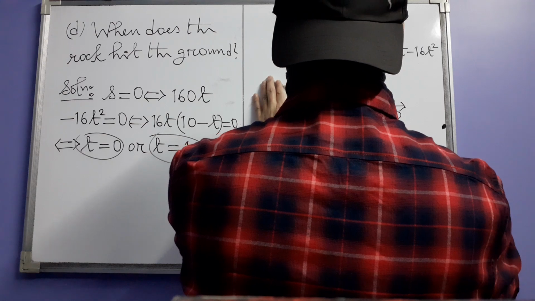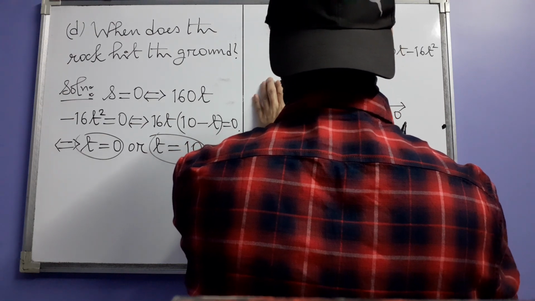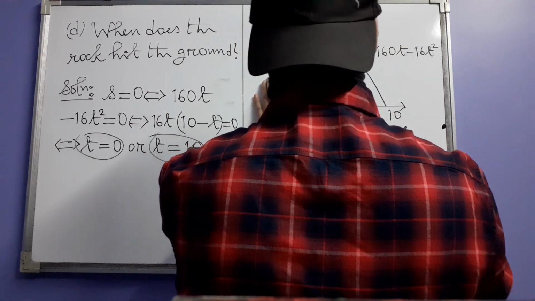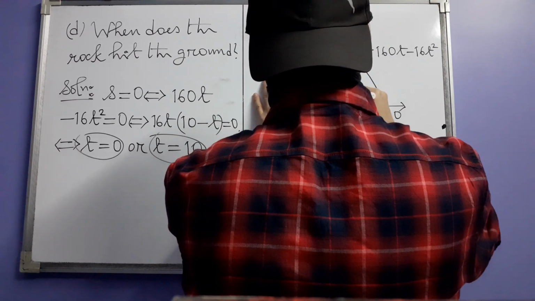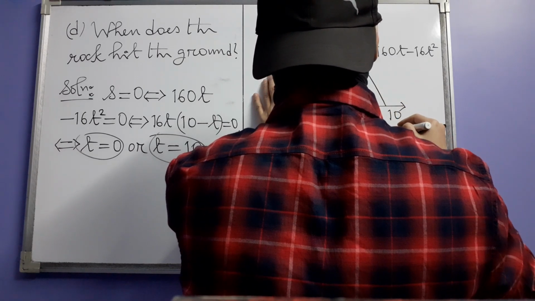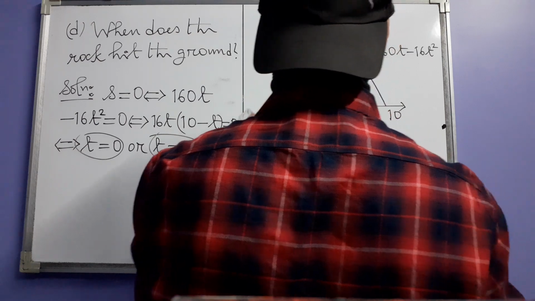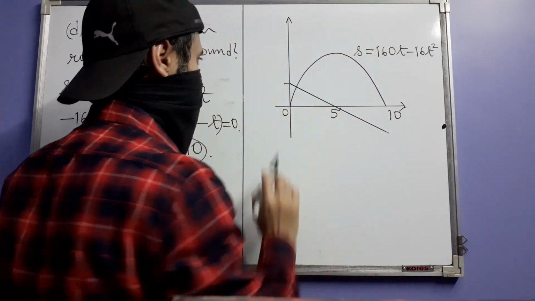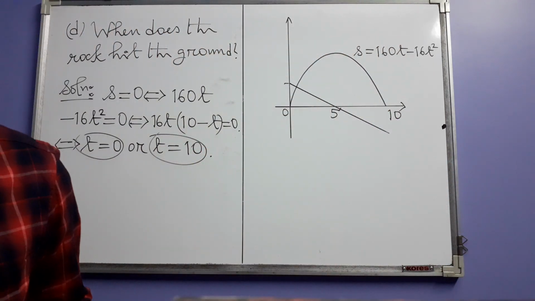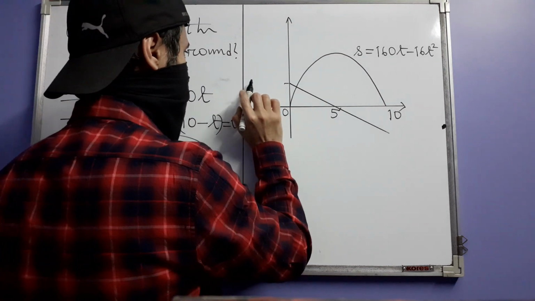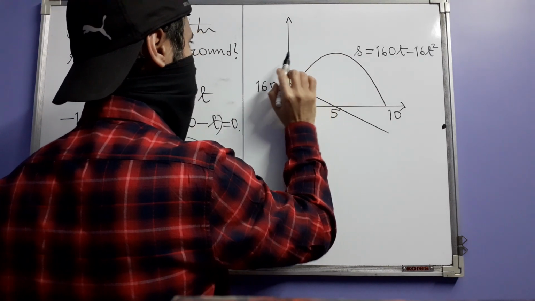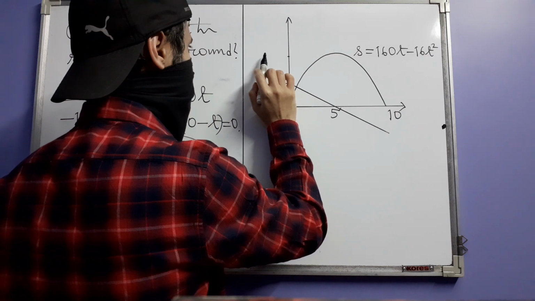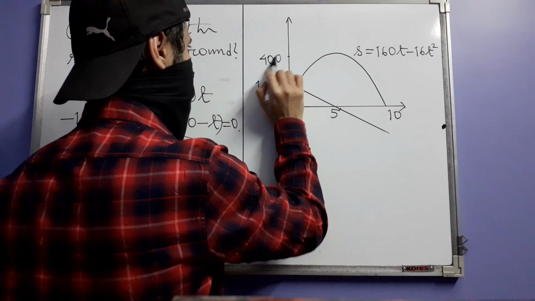And the velocity versus time graph looks like this. This is 160 and this peak is at the level 400.